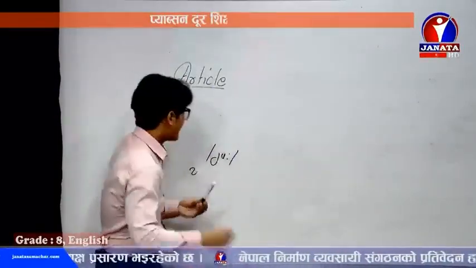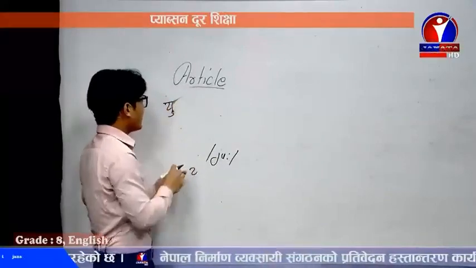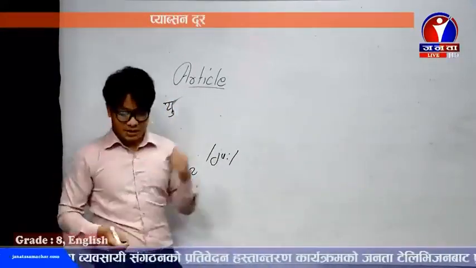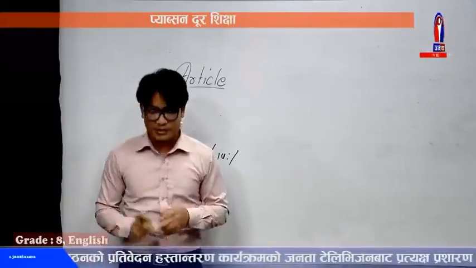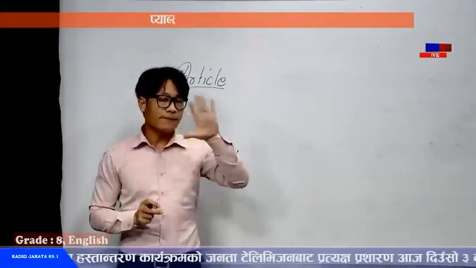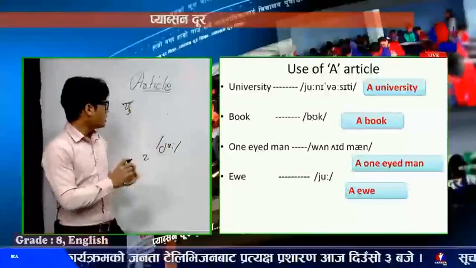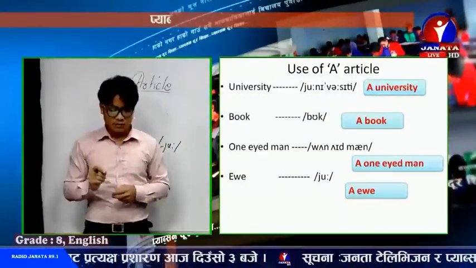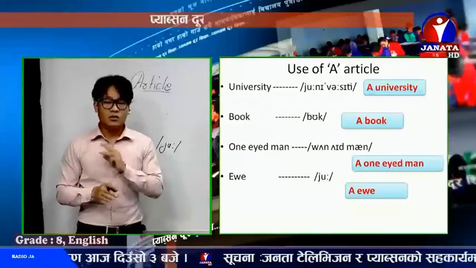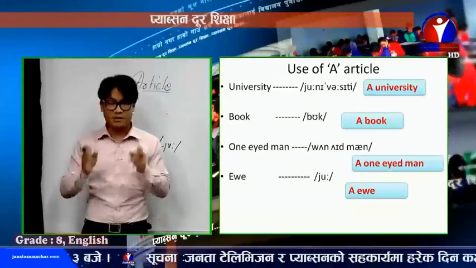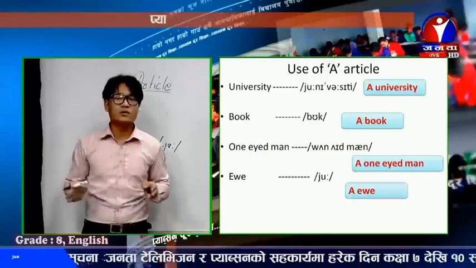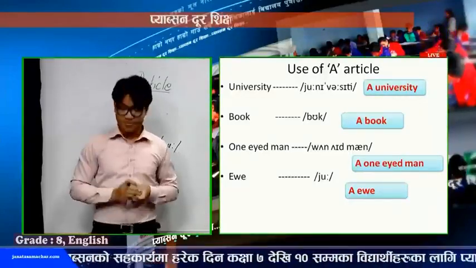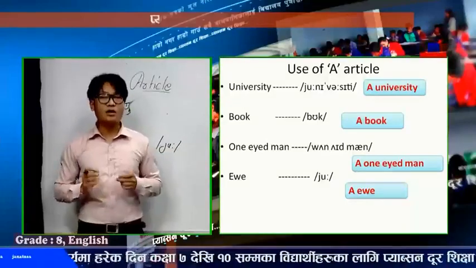So obviously one more time I want to repeat it, 'yu' is a consonant sound. So according to this sound, this word ewe takes a. If you see, this word has the vowel letter E, then you want to use the article an, but you should not use an. According to the sound, we should use the article a. So it becomes a ewe.